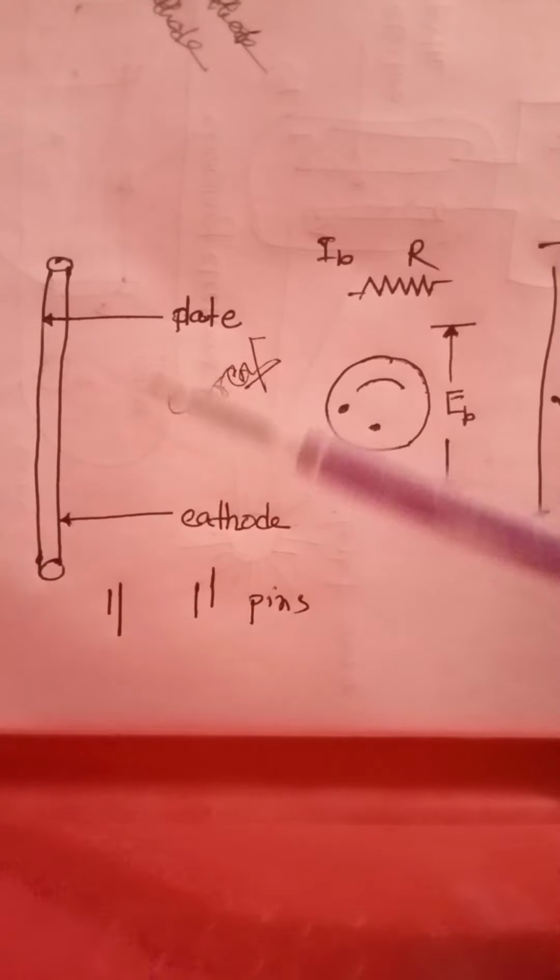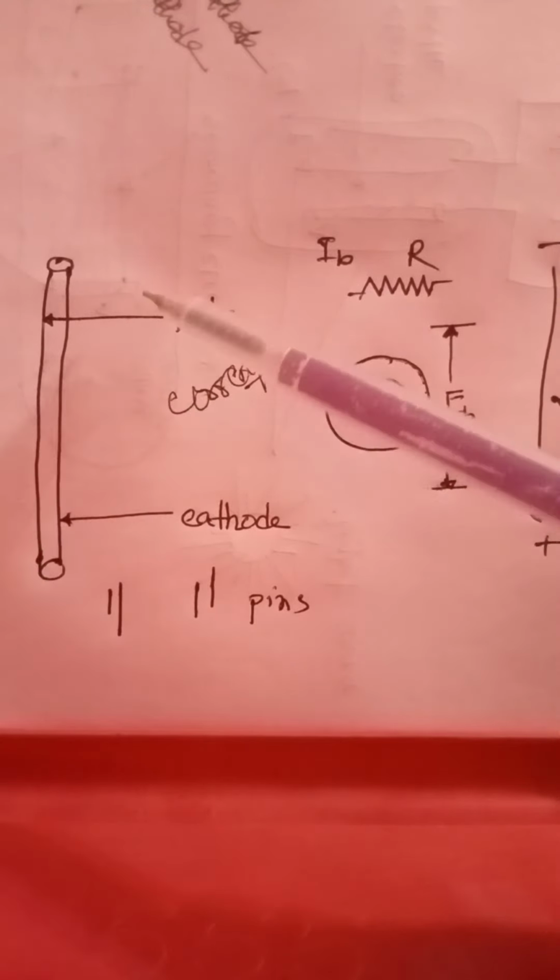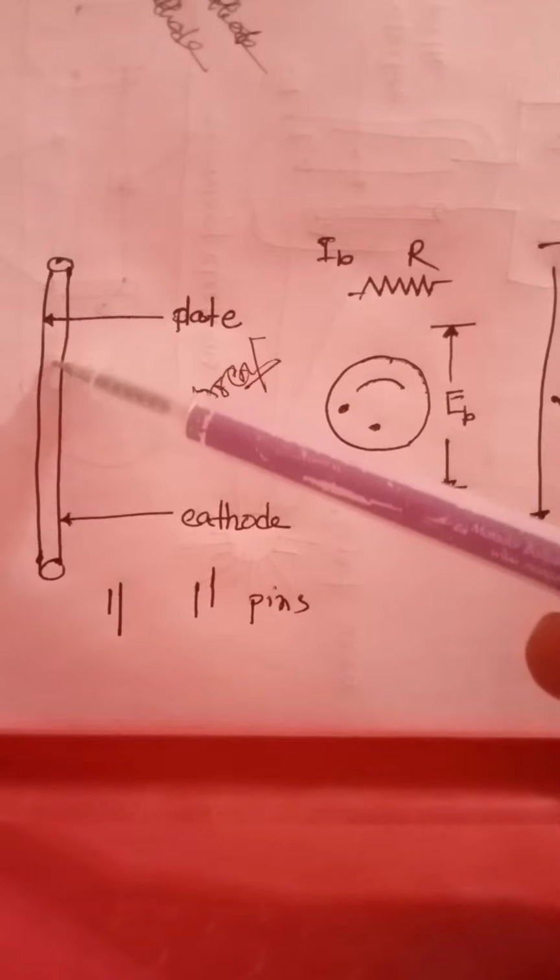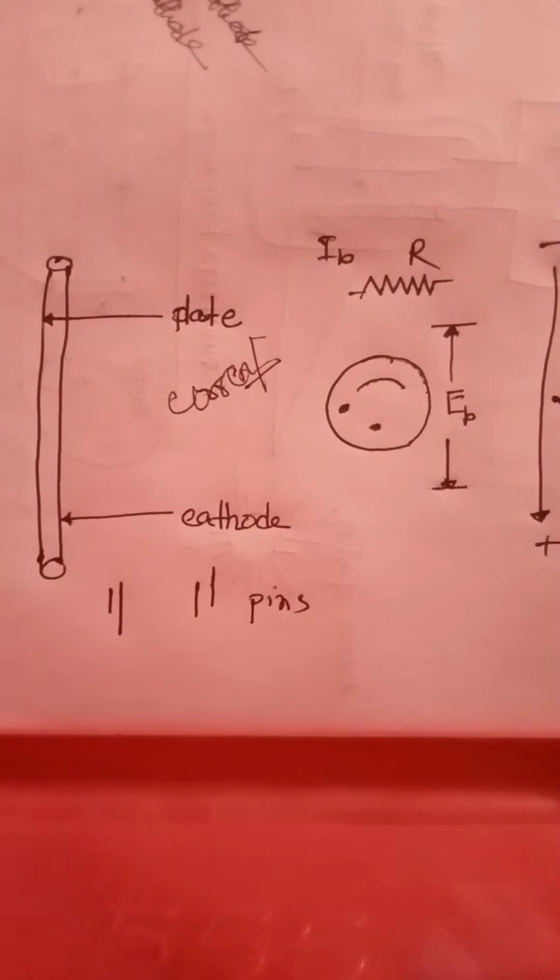The plate and cathode terminals are connected, and the anode cathode voltage at which ionization starts is called the ionization voltage.